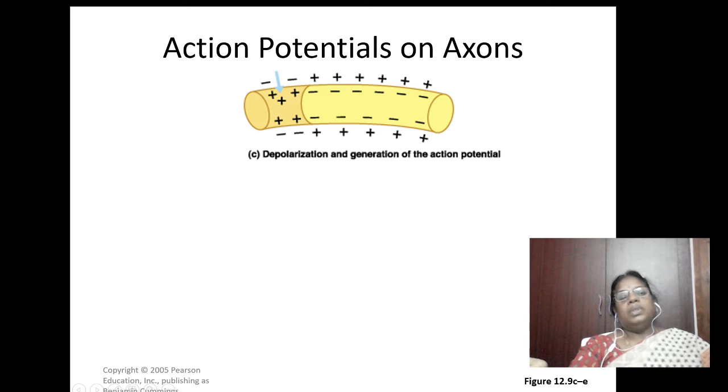Now whenever an impulse or stimulus is received by the axon, a change in electrical charge takes place. That means Na+ ions move in and Cl- ions move out, so the outside of the membrane is negatively charged and the inside of the membrane is positively charged. This is called the depolarized part, depolarization.